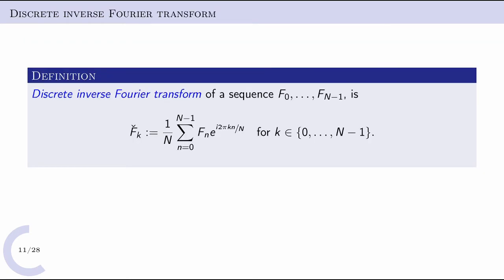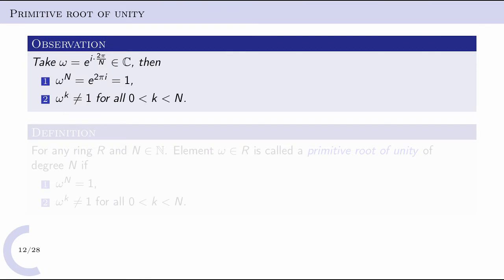This is e to the power 2 pi i k n over N. So if we put this k outside, we can think of e to the power 2 pi i over N and exponents of this number. So what is this number?